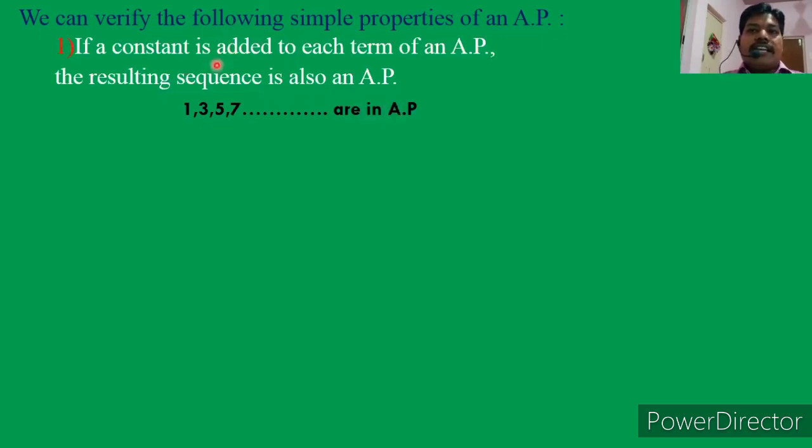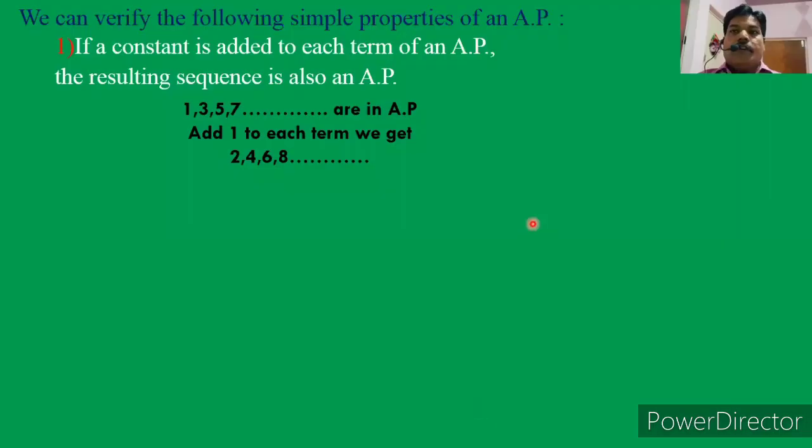What they are saying here is, if a constant is added to each term of an AP, I am taking the constant as 1 and adding it to each term. So the sequence will become 1 plus 1 is 2, 3 plus 1 is 4, 5 plus 1 is 6 and 7 plus 1 is 8. So is this in arithmetic progression or not? That is 2, 4, 6 and 8.